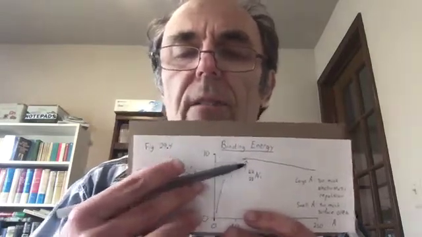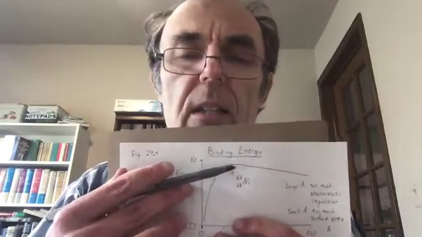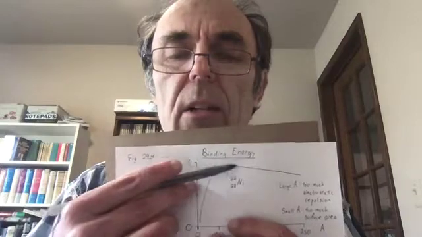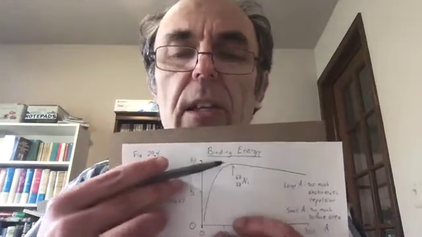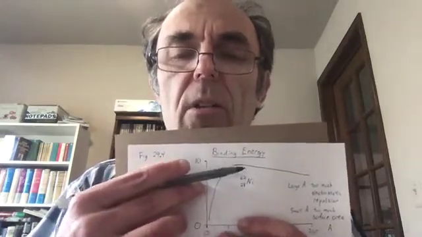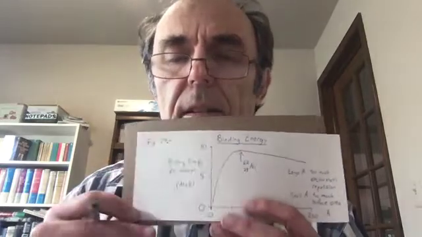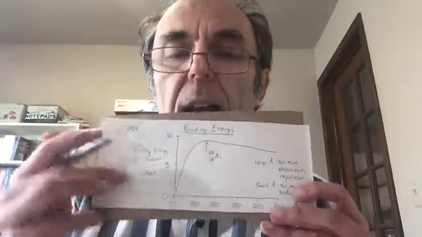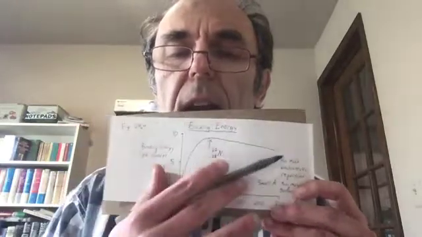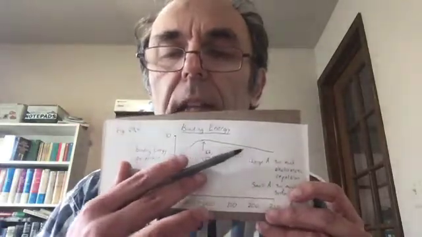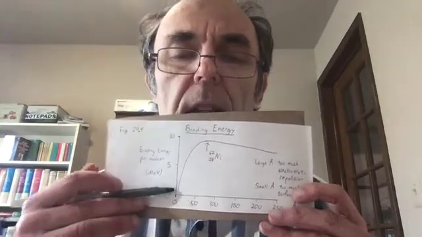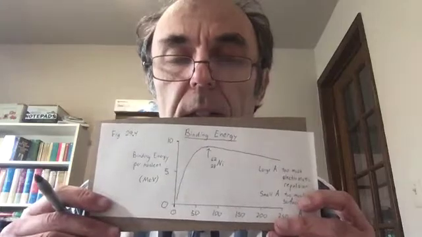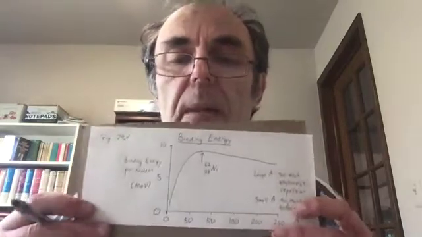And it's thought that eventually, someday, after eons of time, all the nuclei will decay or change until they go to their most stable state, and you'll get mostly nickel. Iron's also right up here near the top. So nickel and iron tend to be among the most stable of nuclei. When you get heavy nuclei, they can get more stable by breaking apart, and very light nuclei can become more stable by fusing together. So that's the binding energy.